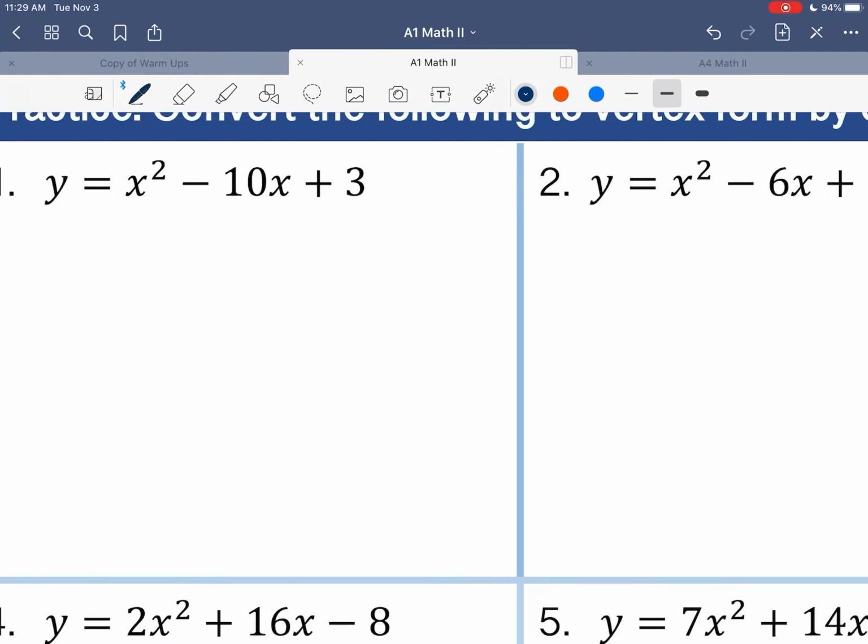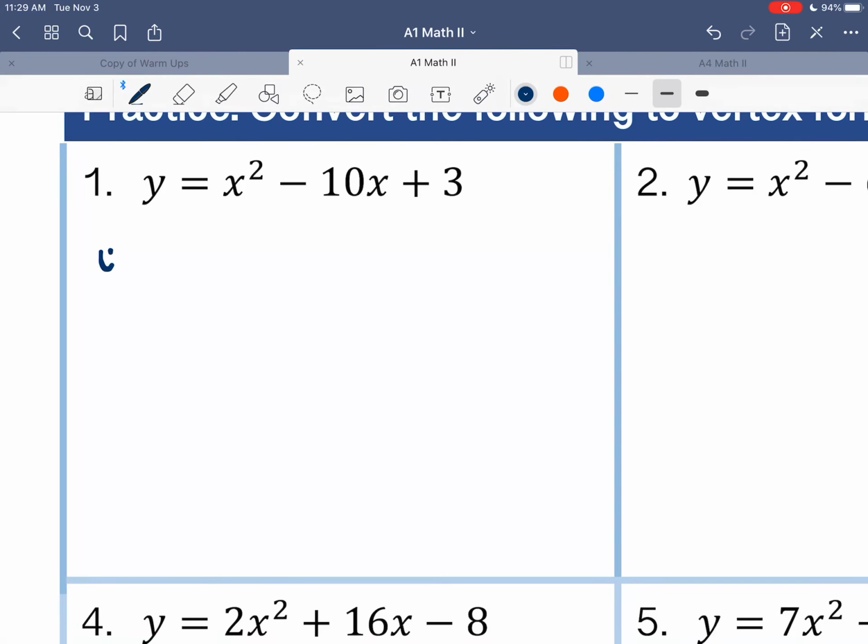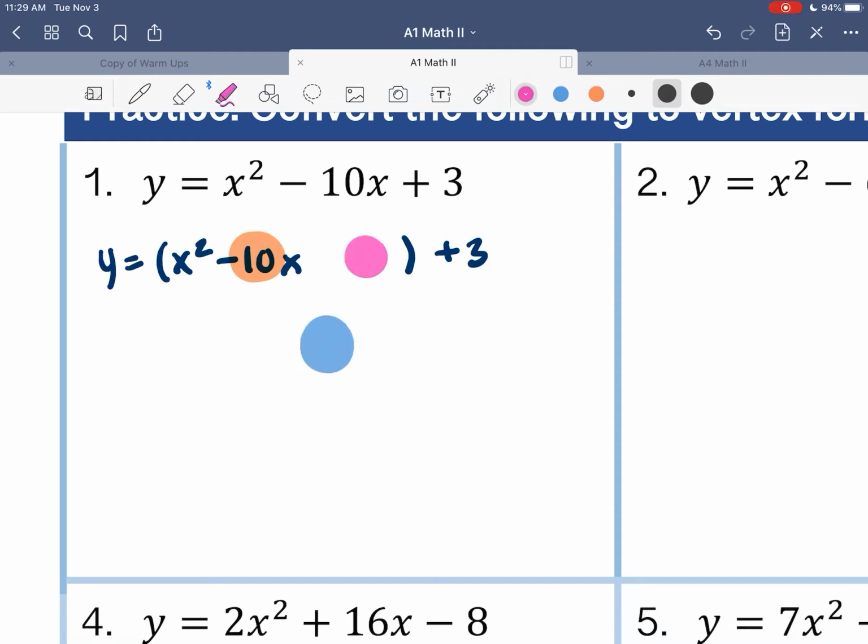So we're going to do that. Remember, our first step is to give ourselves all kinds of room. So I'm making a perfect square out of the first two terms, lots of space, and so here's my orange number. I need my blue and my pink because we're eventually going to write this in factored form.